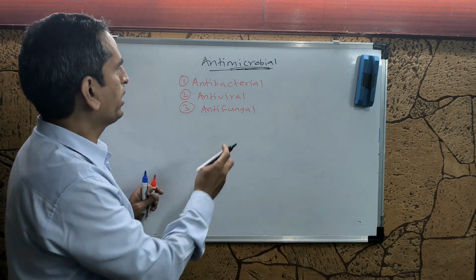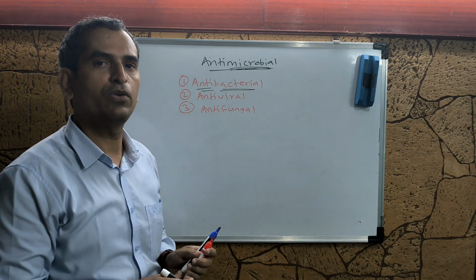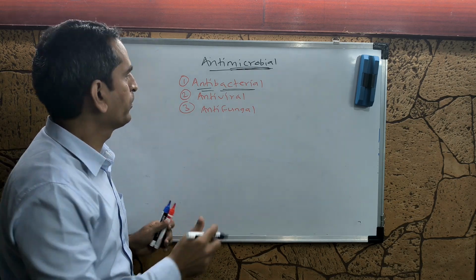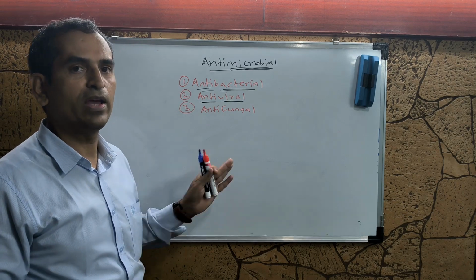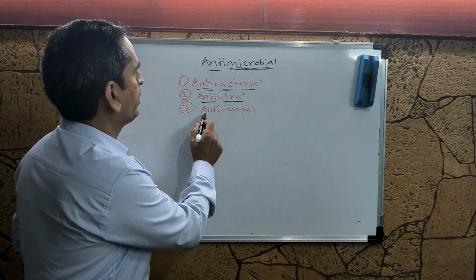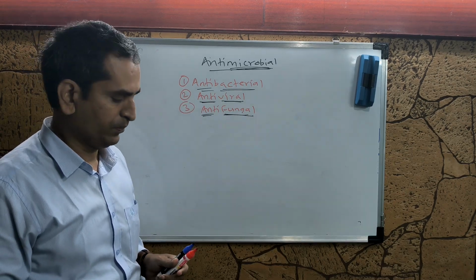Antibacterial agents are the drugs used for the treatment of bacterial infections. Antivirals are the drugs used for the treatment of viral infections. And antifungals are the drugs used for the treatment of fungal infections.